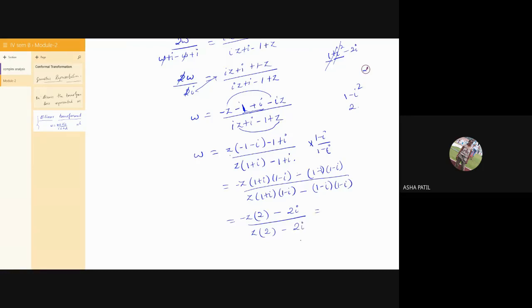It gets simplified. If you take minus 2 outside, it is Z plus I divided by, if I take again minus 2 outside, it is I minus Z.